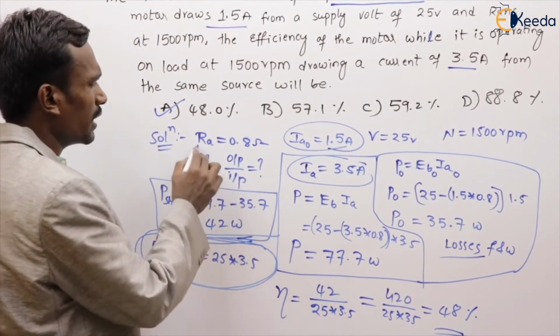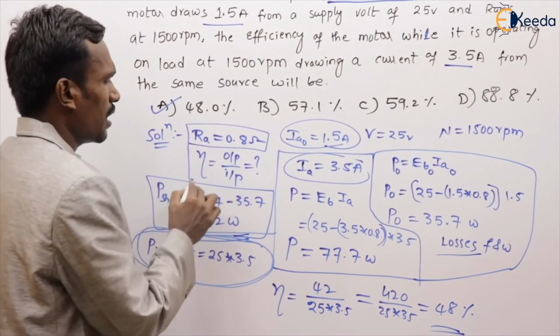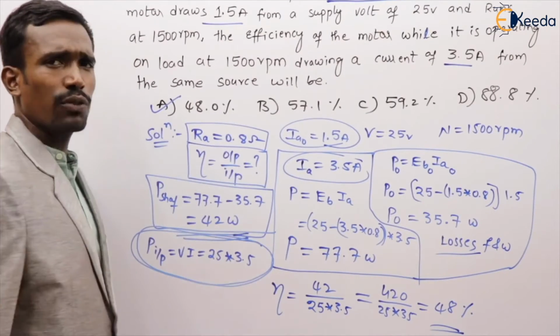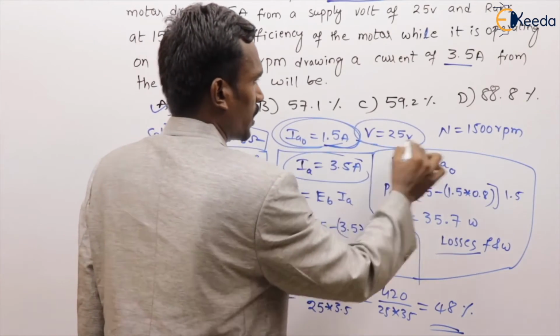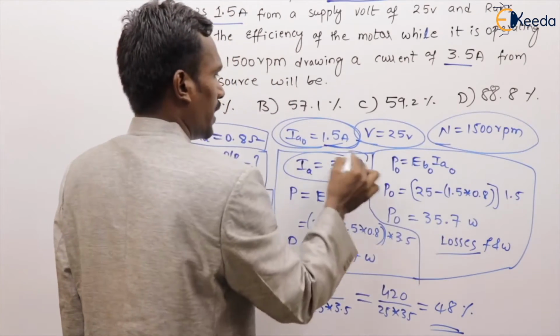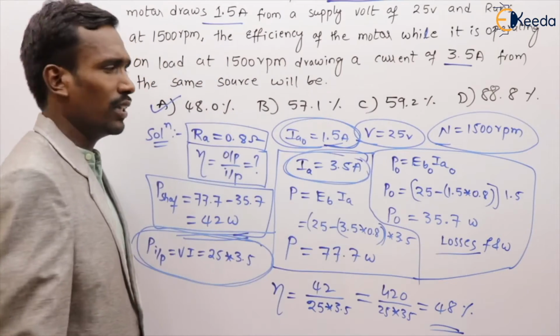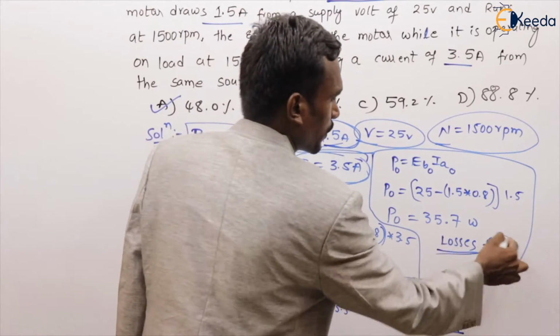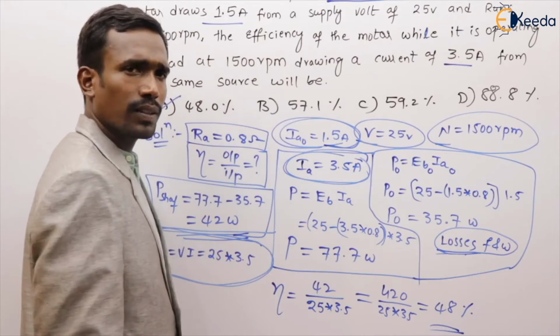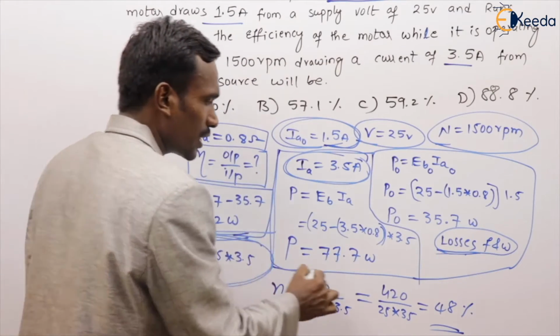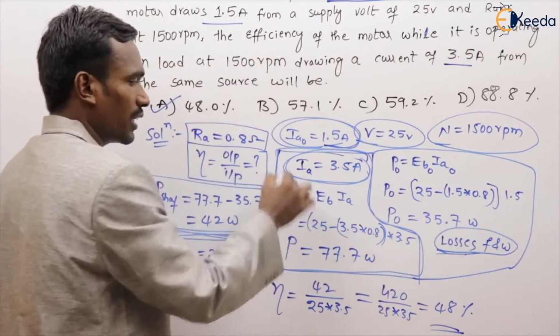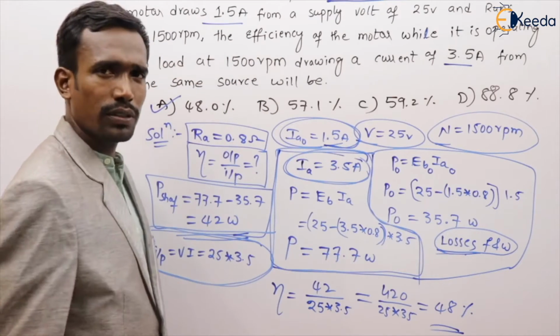What has been done here? Armature resistance is given and efficiency we have to find out. Armature current at no load, supply voltage and the speed. Here, armature current at loaded condition. At no load condition, power output is nothing but the losses. At normal condition, that is load condition, this is the total power output.